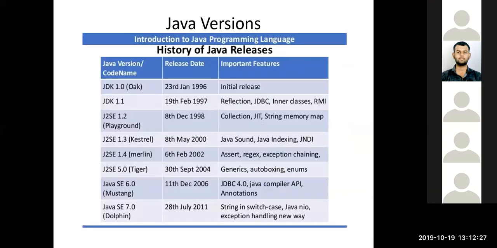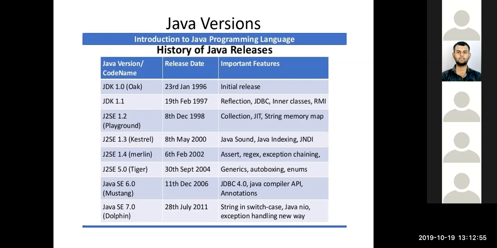It started in 1996 with the initial release, JDK 1.0, named Oak, as you all know, and it had a very limited set of libraries. Then from Java 1.1, some other libraries were added: reflection and JDBC.